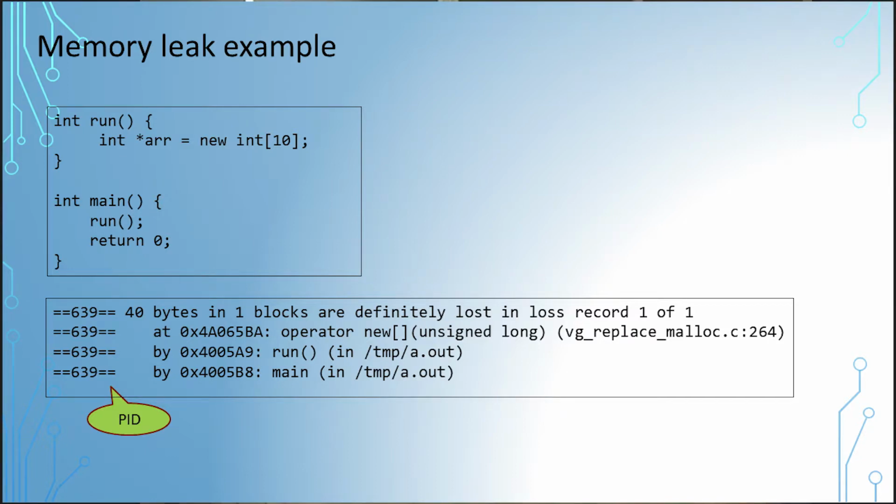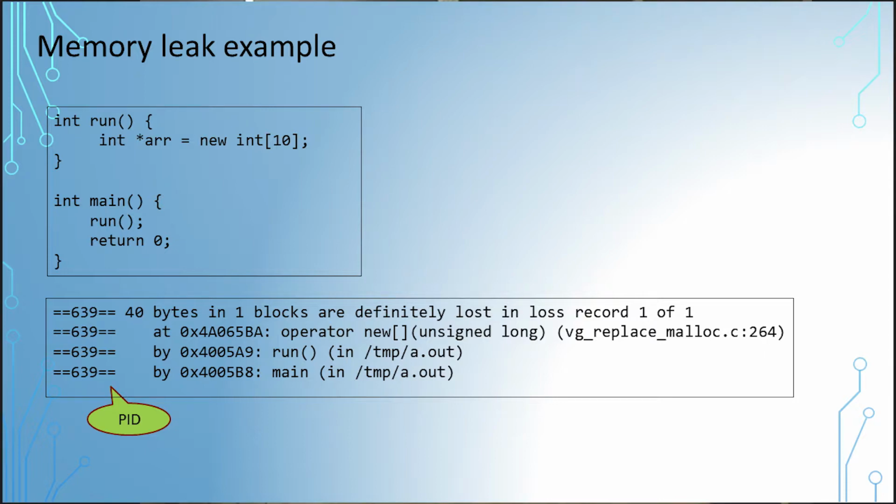So this is very obvious. We have a function main that calls function run. Function run allocates an array, magically forgets to delete it. Pay attention that if this array was allocated in main, it was still reachable because it was reachable from main.